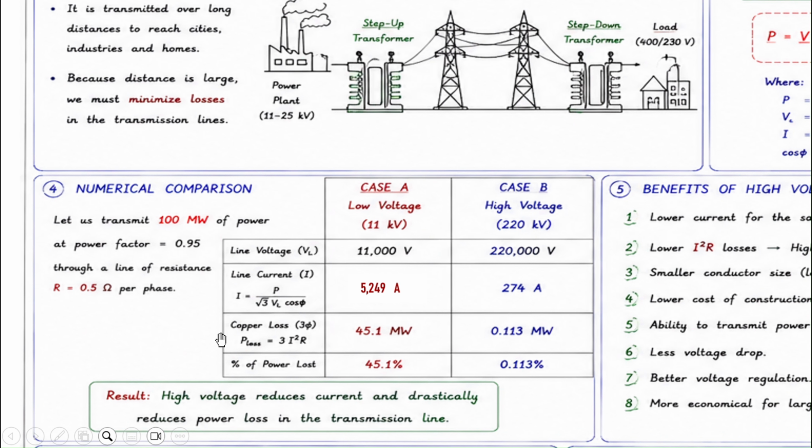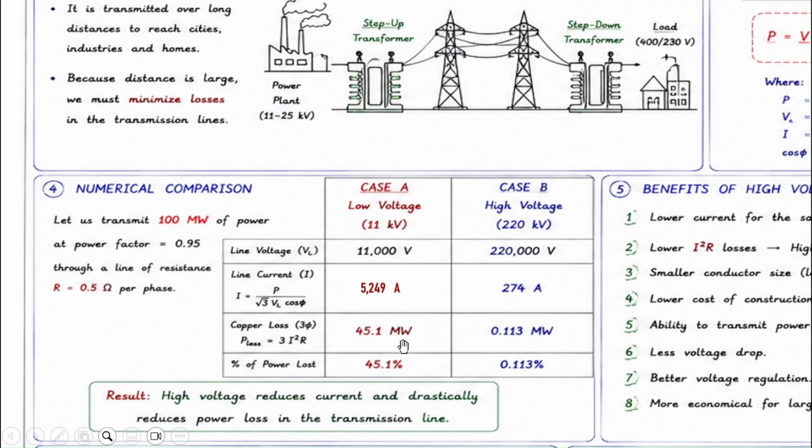Now when we want to calculate the copper losses, we're going to use those currents, with the same formula that we saw previously. For a three-phase system, that's 3 times the square of the current, which are these numbers, times R, the resistance.